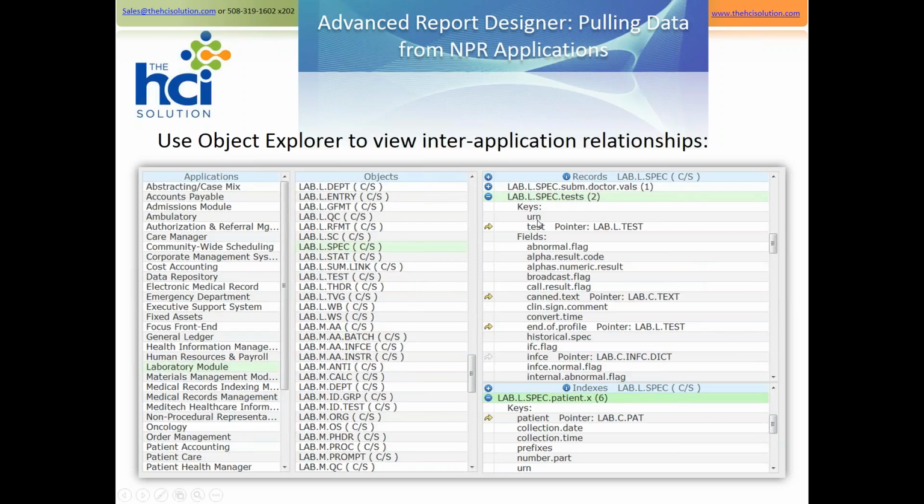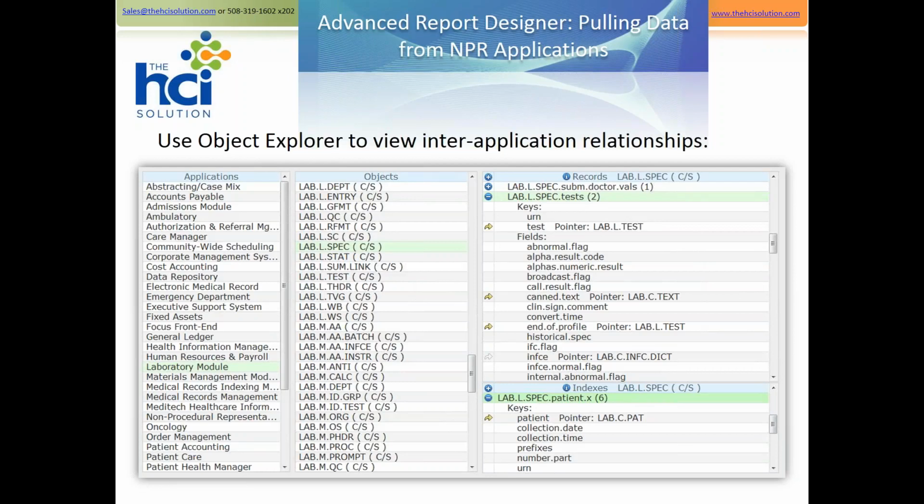So we have to figure out, once we have a registration OID to identify a patient, how do we know which lab specimen URNs belong to that patient? And the answer is this index here in the bottom right-hand corner of the Object Explorer. I've highlighted the lab spec patient index, and its keys are listed here. You can see that the first key is the patient, and that points to lab CPAT.